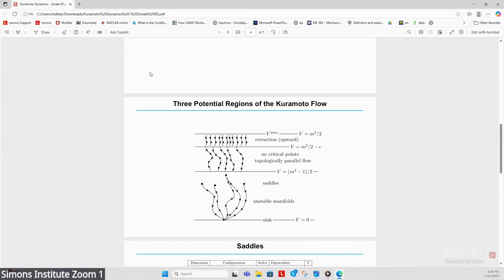So we want to look at the structure of the solution curves of Kuramoto relative to that V. I think the V was already passed, right? So we have the gradient of V introduced into this picture.